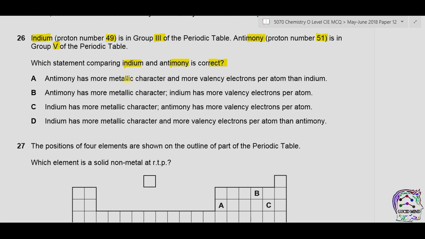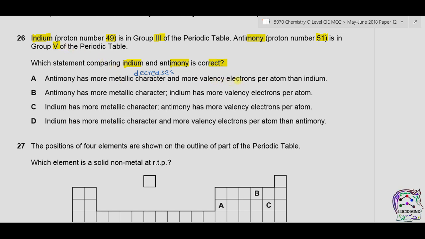Greater size means larger metallic character and smaller size means less metallic character. Moving from group 3 to group 5, the atomic size decreases, so therefore metallic character also decreases. So therefore antimony should be less metallic than indium.